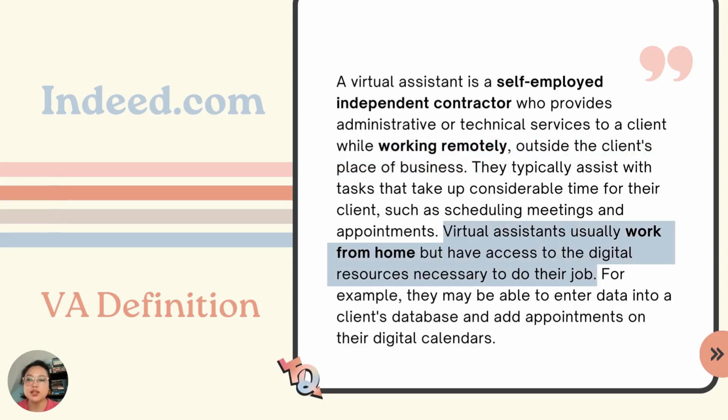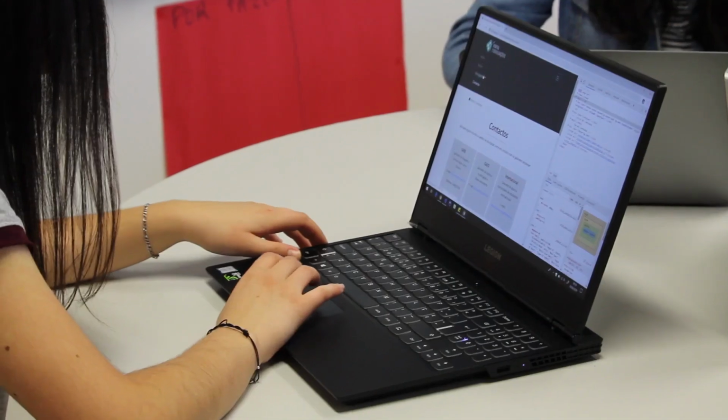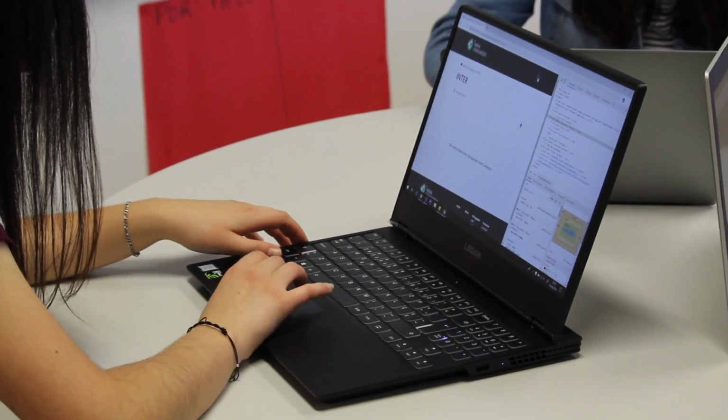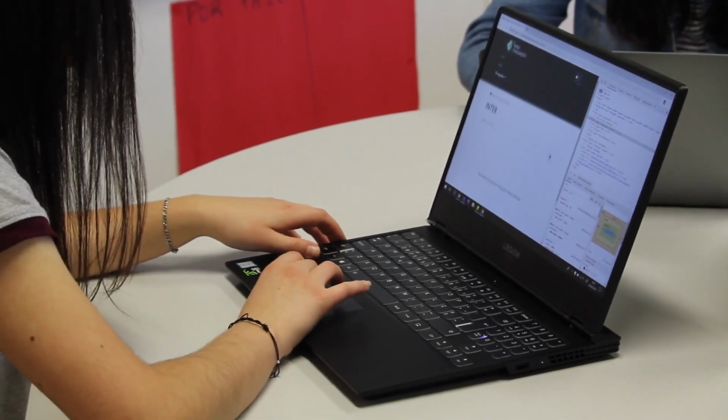Next is that virtual assistants usually work from home but have access to the digital resources necessary to do their job. So VAs have access to the digital resources that they need to be effective at their job. This means that you as a VA will have access to the tools and the software that the client owns where you will have to do your work.